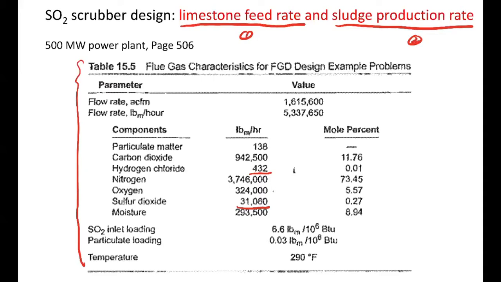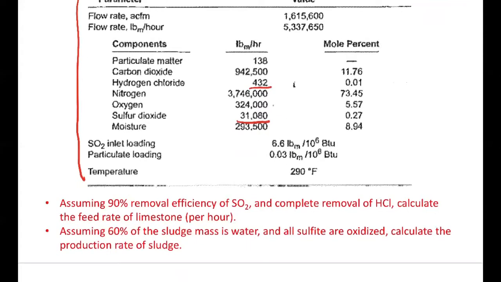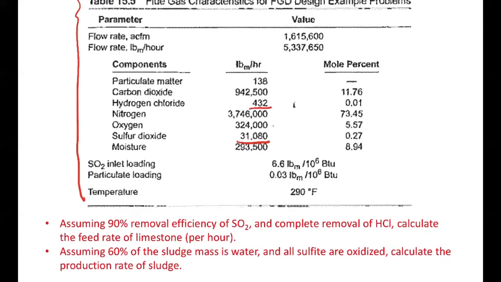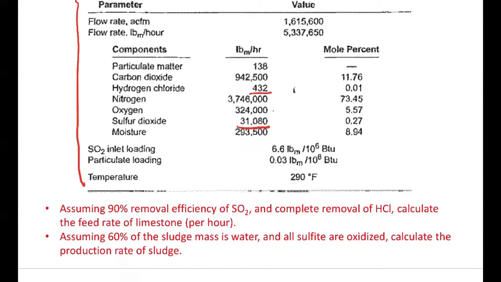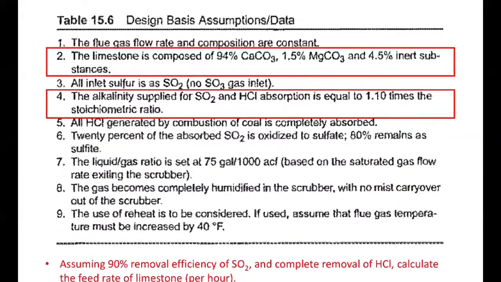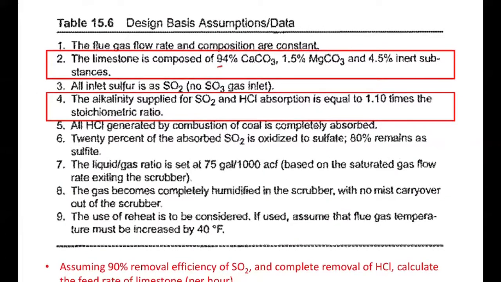Under the actual situation, we cannot assume that the limestone is pure calcium carbonate anymore. If you look at the composition here, the limestone is generally composed of 94% calcium carbonate, 1.5% magnesium carbonate, and there are some inert materials.